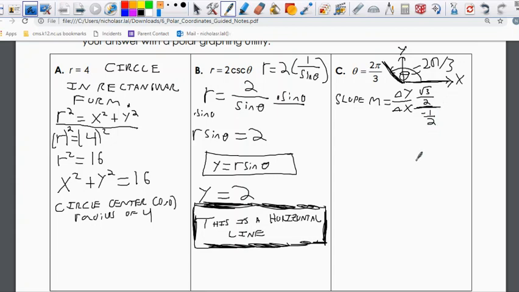Where do you get these values? Well, the sine of 2 pi over 3 is equal to root 3 over 2. The cosine of 2 pi over 3 is equal to -1/2.